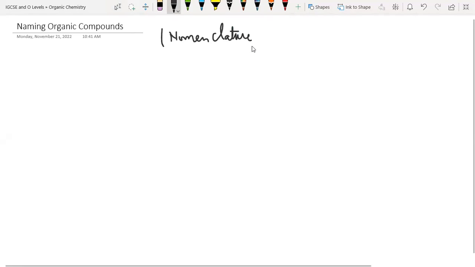Nomenclature means giving names to the compound.